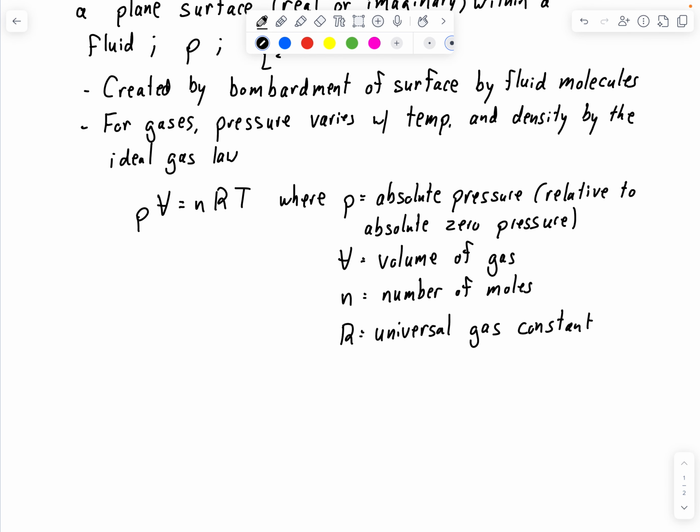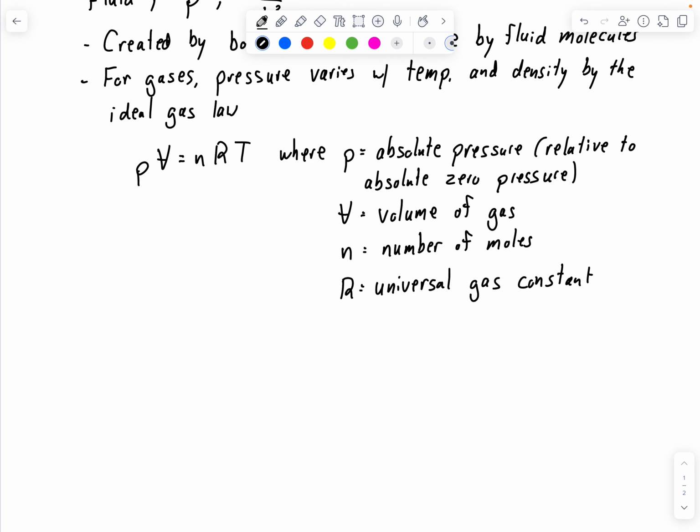That is going to be, for example, 0.0821 liters atmosphere per mole Kelvin, or 8.314 joules per mole Kelvin.